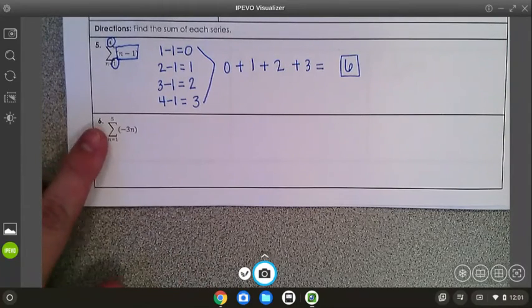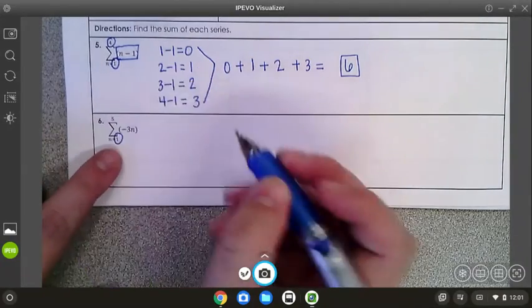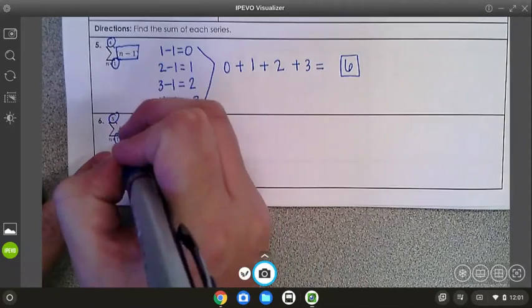Number 6, we're finding the sum. So we're going to plug in all the numbers between 1 and 5 into this formula.